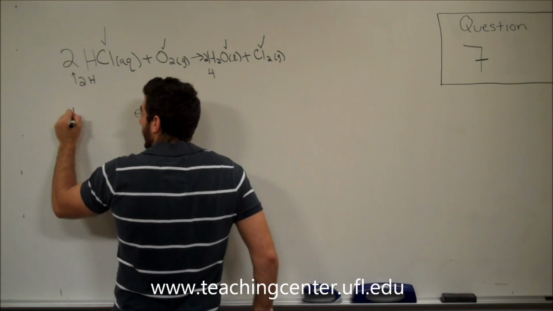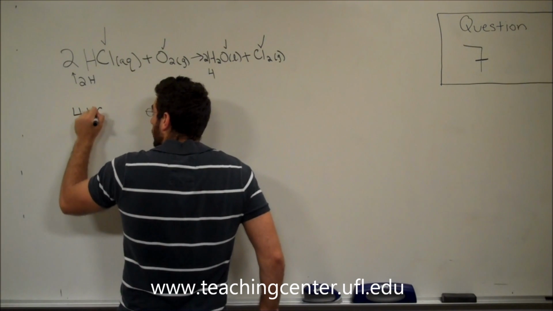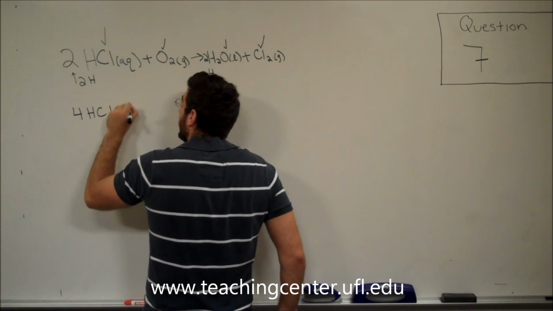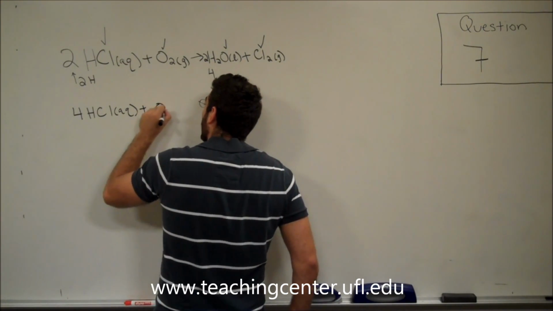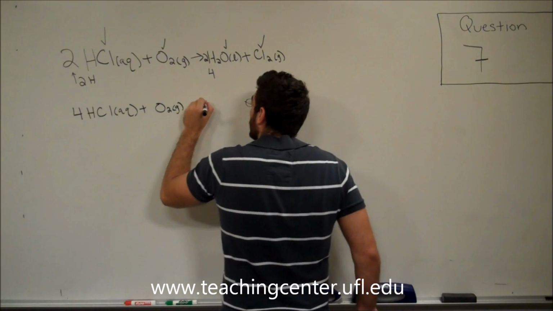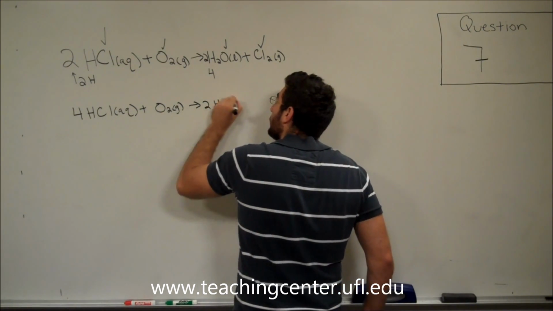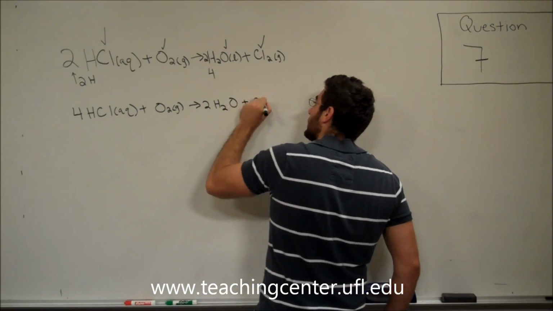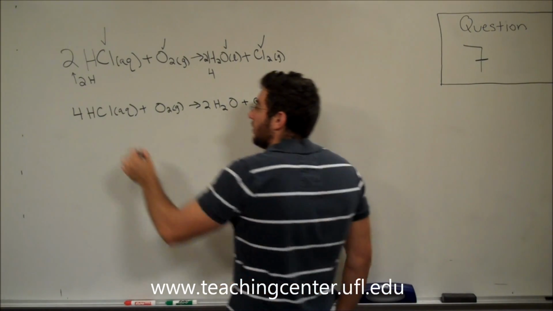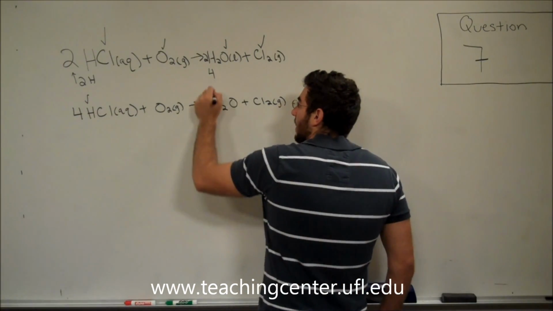So now I'm going to have 4 HCl aqueous plus O2 gas plus 2H2O plus Cl2 gas.